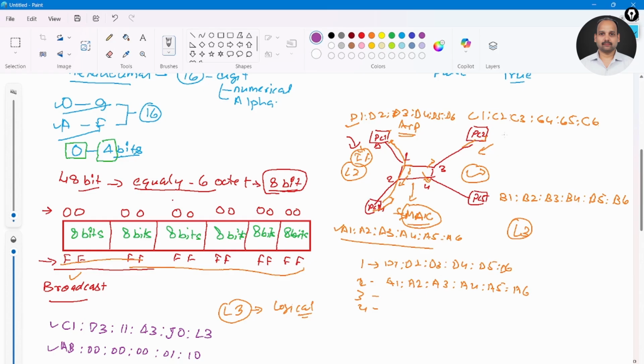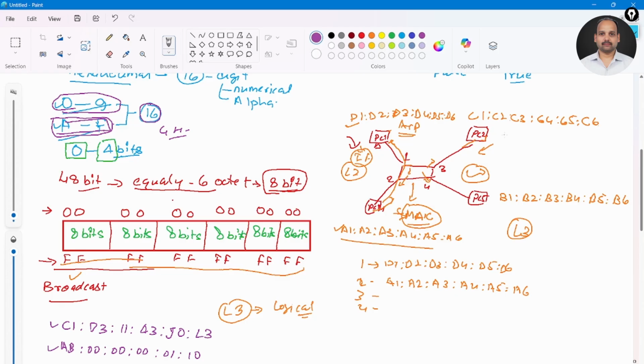You can just check, because MAC addresses use hexadecimal, so in hexadecimal you can only use 0 to 9 or A to F. You can't use any other letters, like G, H, I, only A to F, because in hexadecimal only 16 digits are valid.